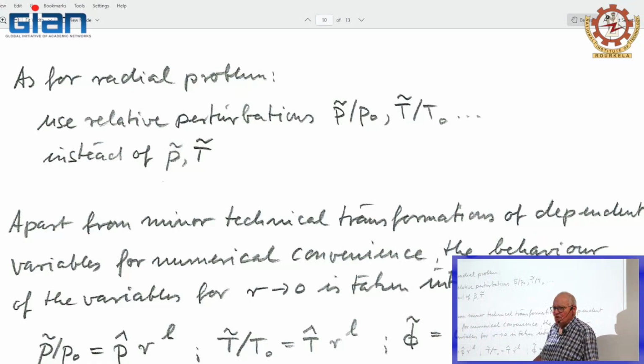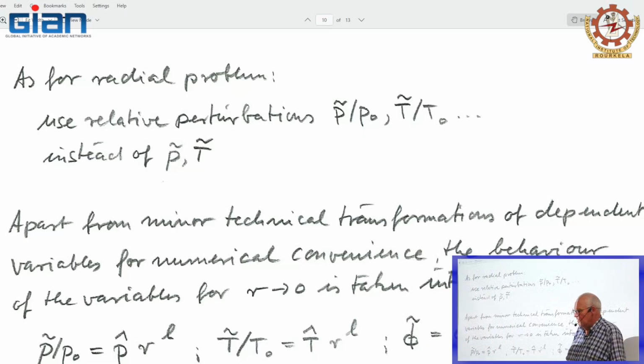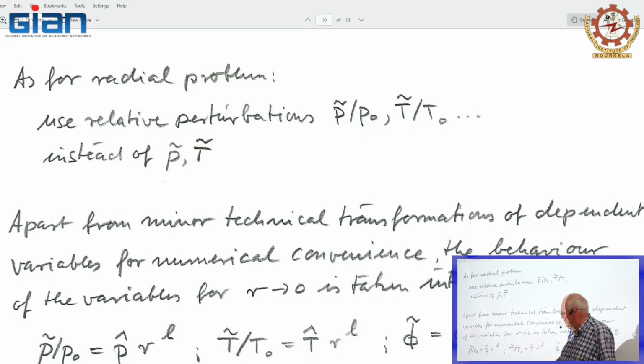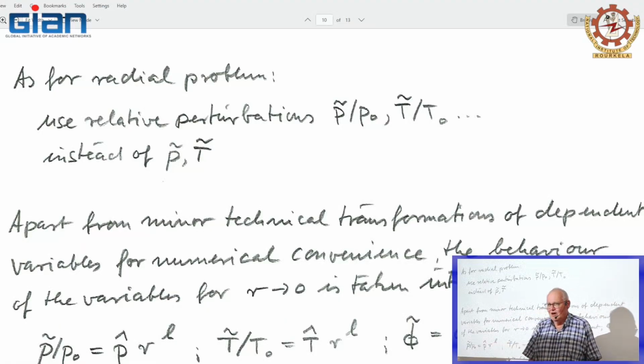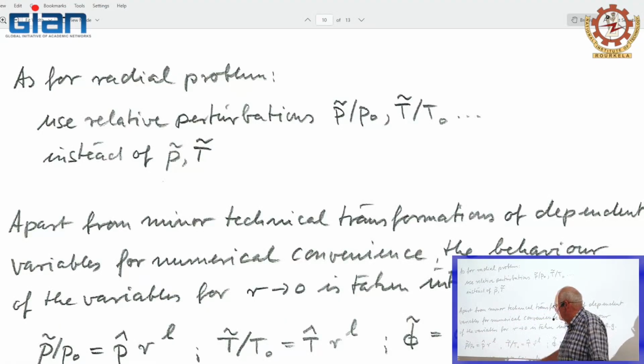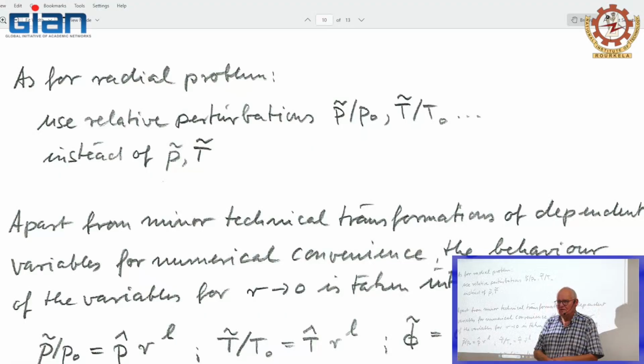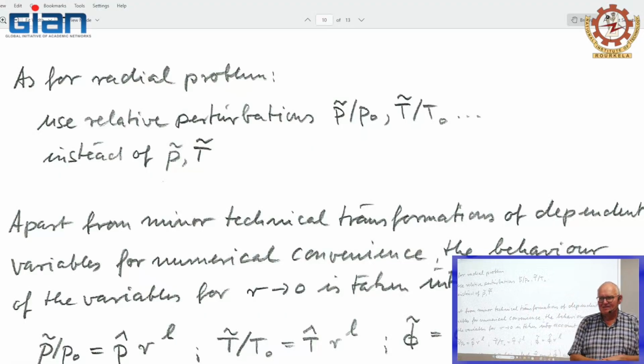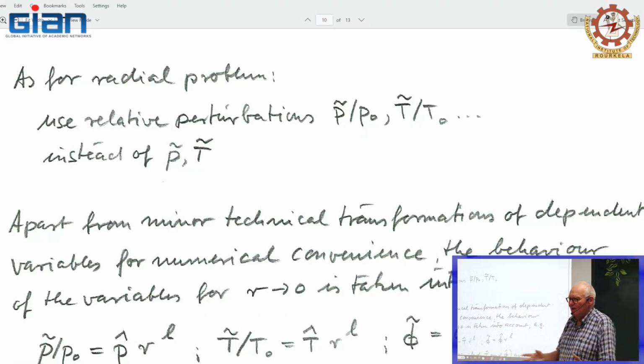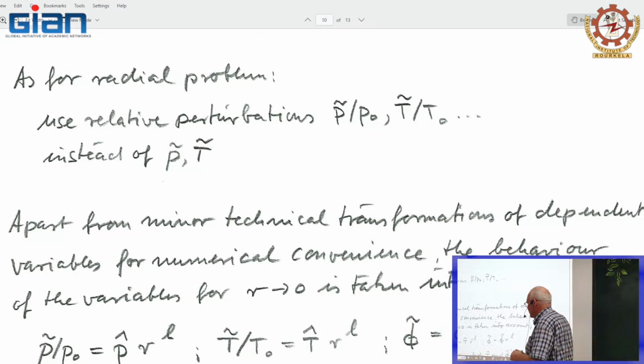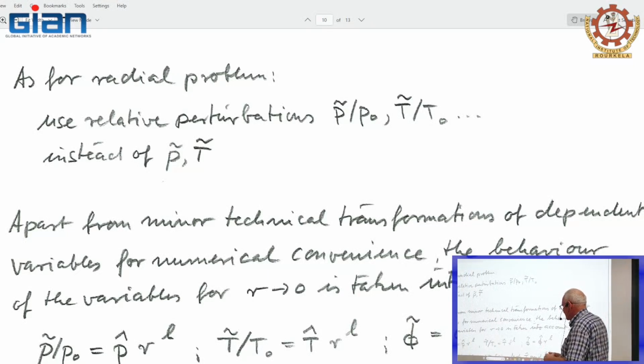You take the 0 of two functions. Analytically, it's not a problem because the power r to L cancels, and then you have a finite ratio of these two. But numerically, this is pretty bad. We have a ratio of two quantities, which is 0.